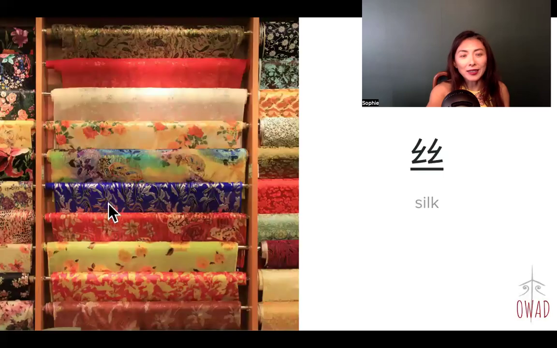All right, so here is a picture of a random Beijing silk fabric store where you can see a variety of silk, and they all look glamorous and silky, and that's long been the silk trade secret of ancient Chinese culture. And here we go. 丝. Thank you for your time.